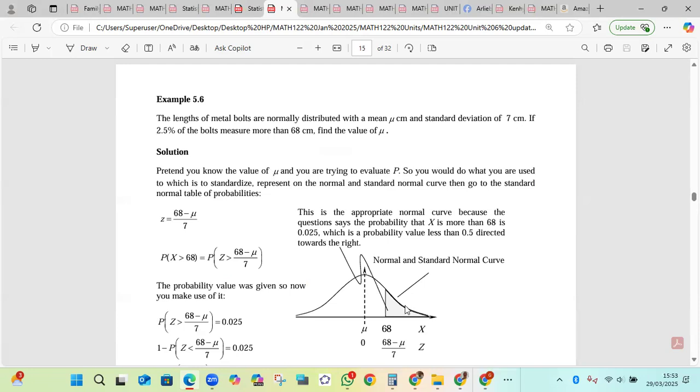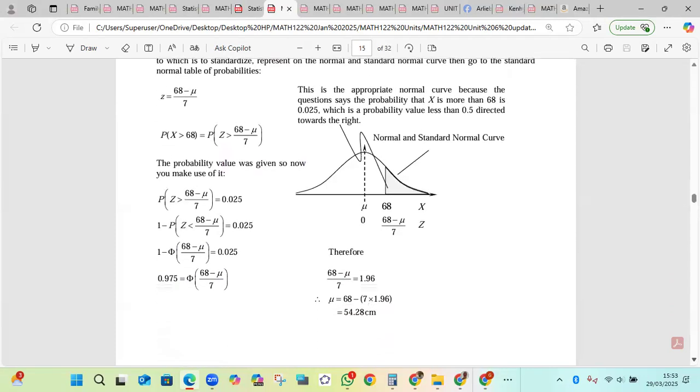More than means you shade to the right, and 0.025 means you've got a tail. So this is the right tail, and mu is less than 68. When you standardize, 68 minus mu over 7, you are unable to go into the table with the probability value of 0.025, but you can do 1 minus 0.025 and go into the table with 0.975 to get that chunk.